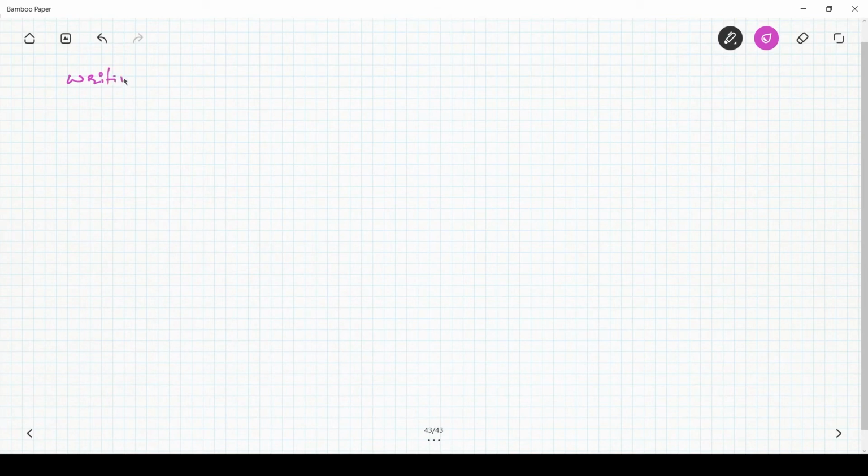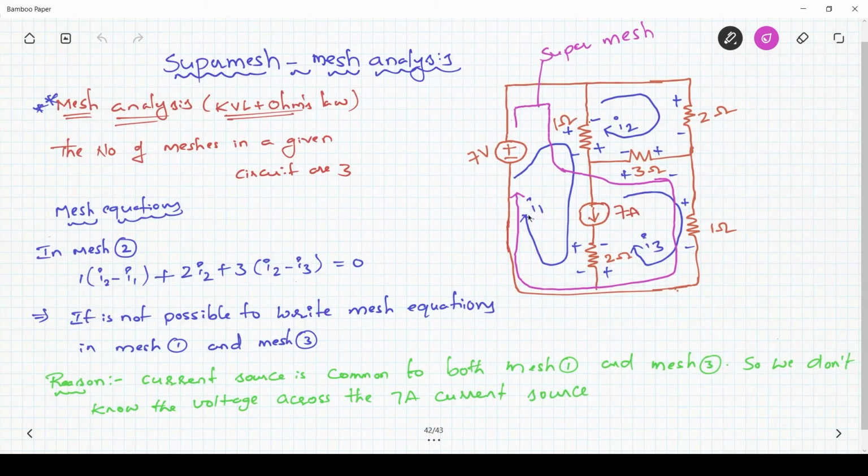So here I am writing the mesh equation in the super mesh. See the path of the current direction in the super mesh. So it is minus 7.